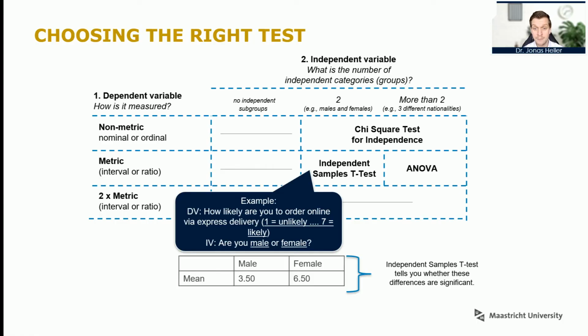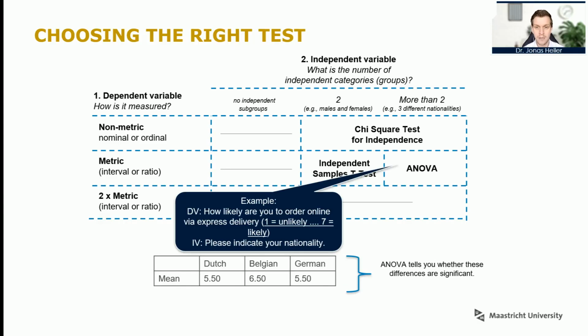And the independent sample t-test will tell us whether the difference between these two means is significant. Now, the independent sample t-test works only for two independent groups, such as males and females. However, if you have more than two independent groups, and it could be 3, 4, 5, up to unlimited, then you cannot use the independent sample t-test anymore, but you will need to use an ANOVA test.